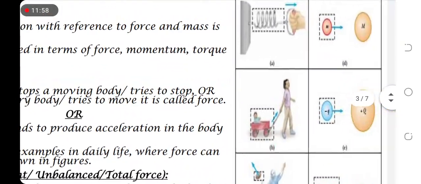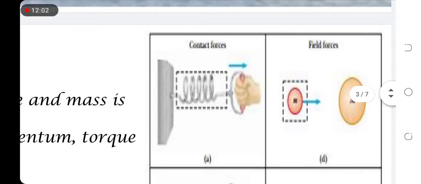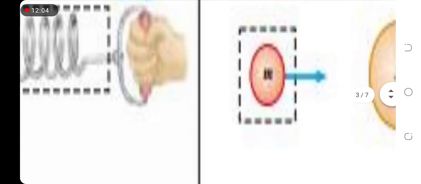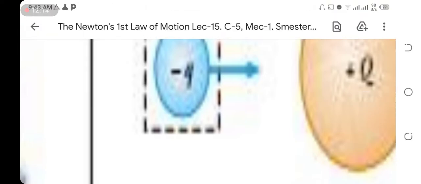This diagram shows the contact force and the field forces. This is the field force between two masses. This is also a field force between two charged particles, positive and negative. This is also a field force between a bar magnet and an iron piece.